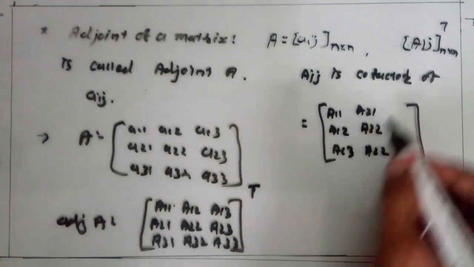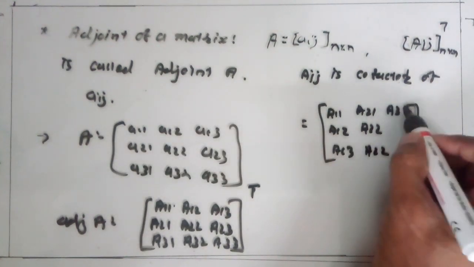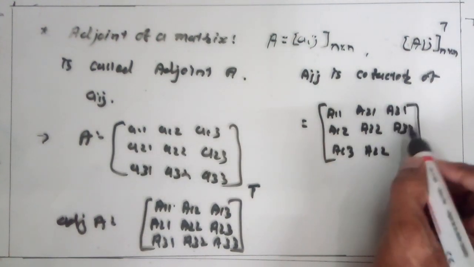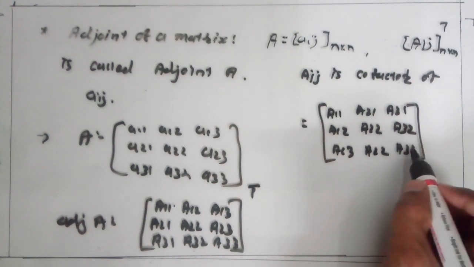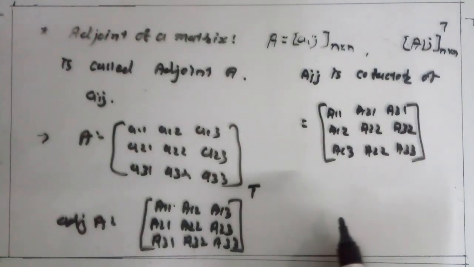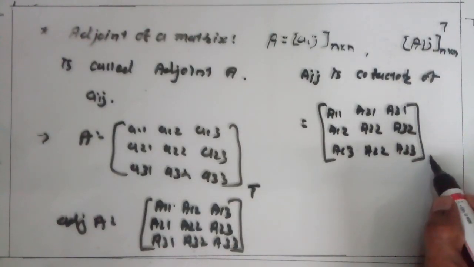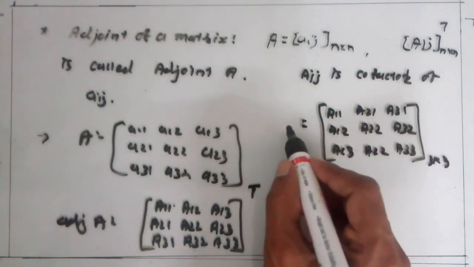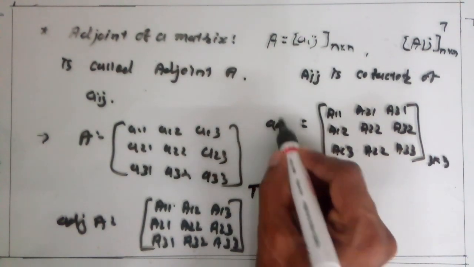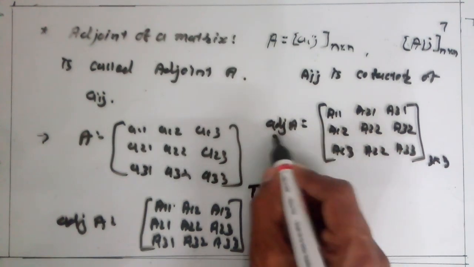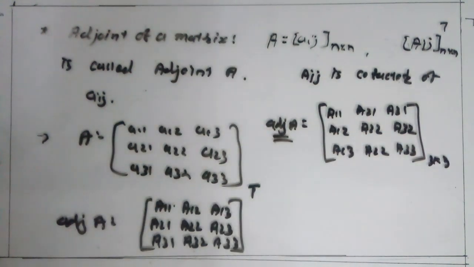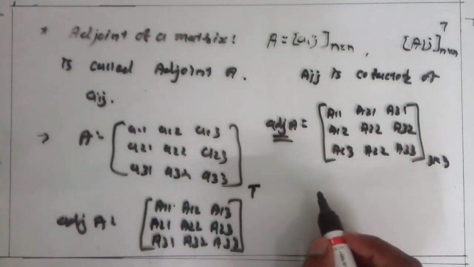Similarly, the third row A31, A32, A33 becomes the third column. Clear? And this is also 3 cross 3. This matrix is called the adjoint of A and denoted by adj A. Clear? Now remember this important note.